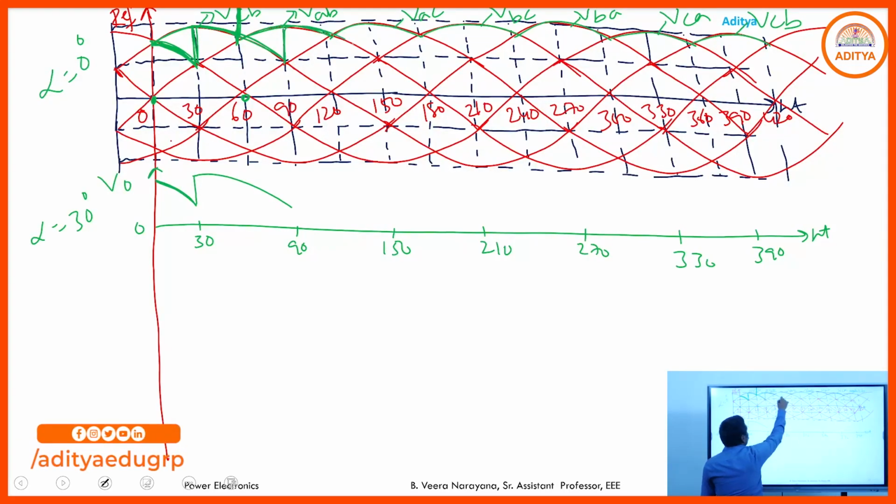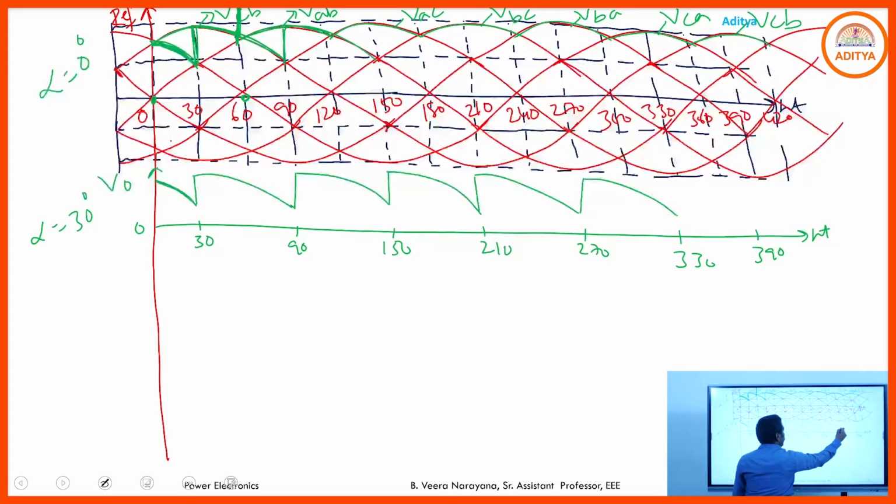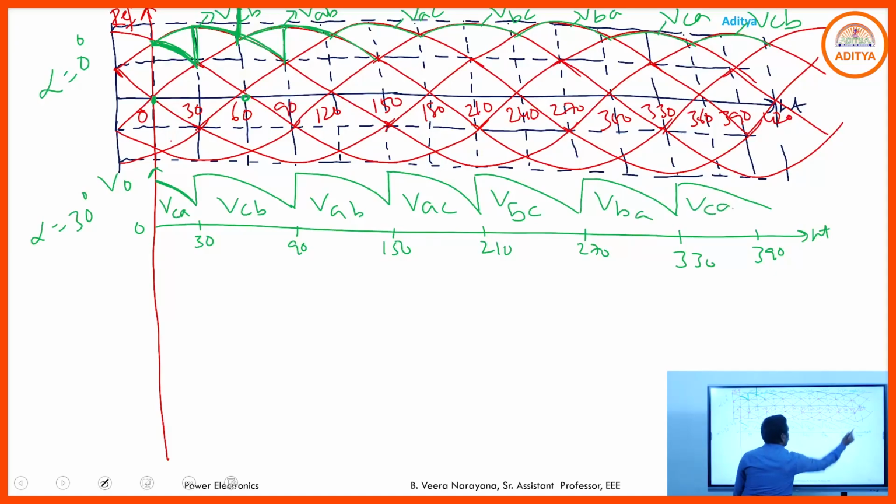Then 150 to 210 VAC, VBC, VBA, VCA. So here it is VCA, VCB, VAB, VAC, VBC, VBA, and again VCA. This is the output voltage waveform for alpha equal to 30 degrees.